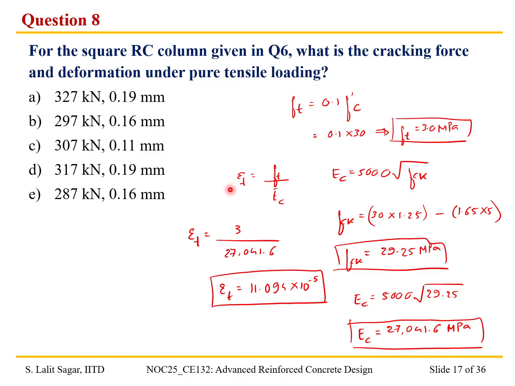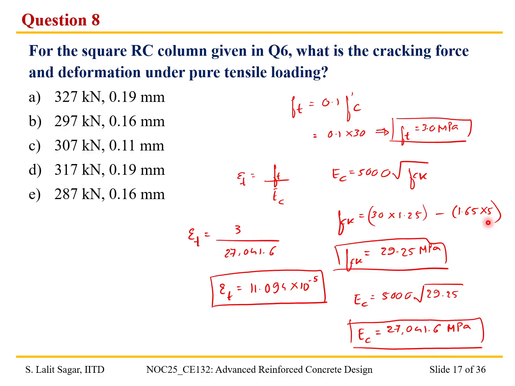And the corresponding strain, epsilon T, is equal to Ft by EC. So how do we find out EC? EC is equal to 5000 root FCK. FCK we can determine from the cylinder compressive strength, that is F prime C into 1.25, which gives us FCU, minus 1.65 into the standard deviation.